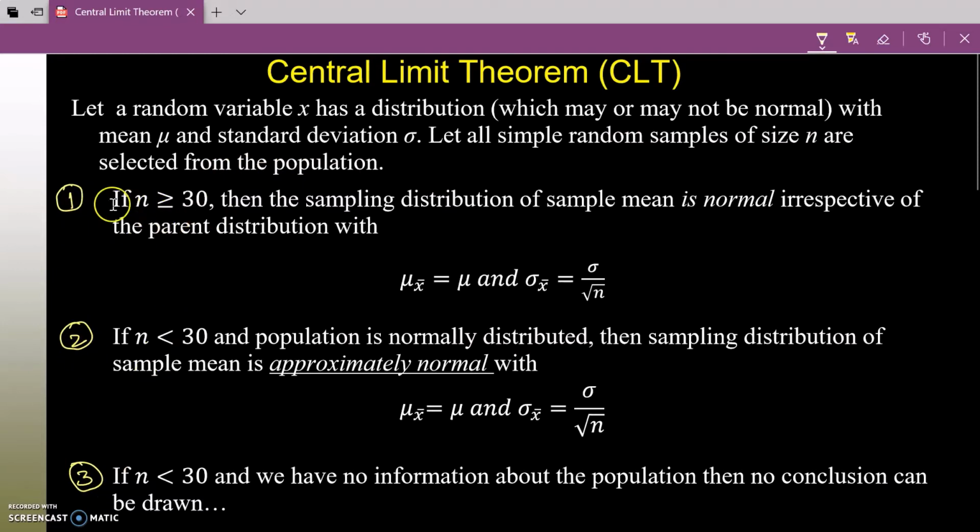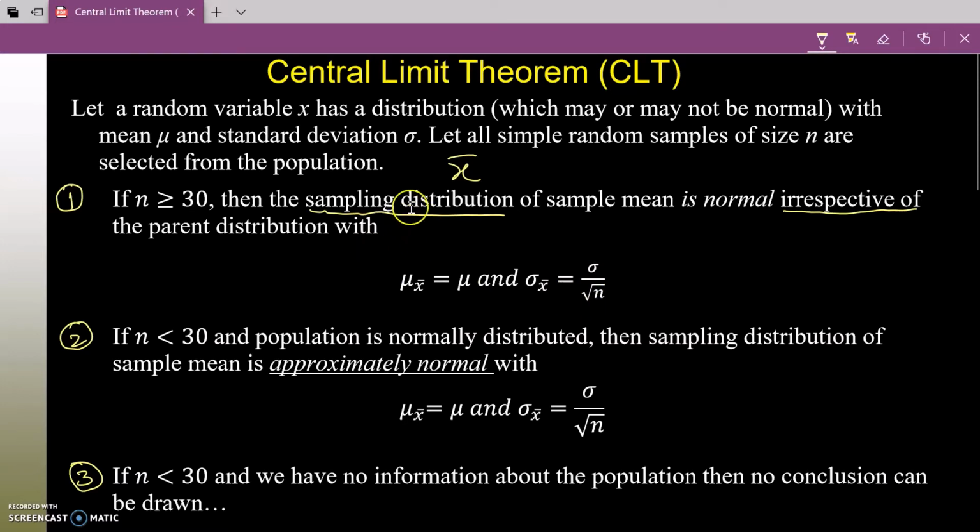The first one: if n is greater than or equal to 30, n stands for the sample size. If the sample size is greater than or equal to 30, then the sampling distribution, by which I mean the distribution of the variable x bar, the sample mean, is normal irrespective of the parent distribution, where the mean of the sample mean is equal to the population mean and the standard deviation of the sample mean is equal to the standard deviation of the population divided by the square root of the sample size.